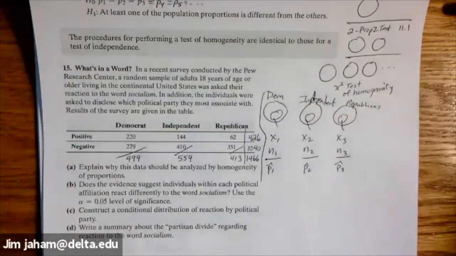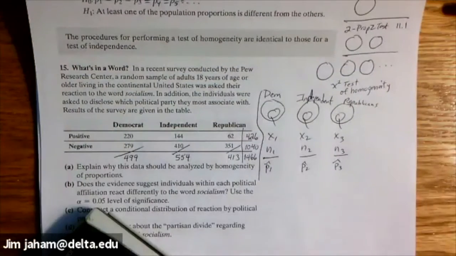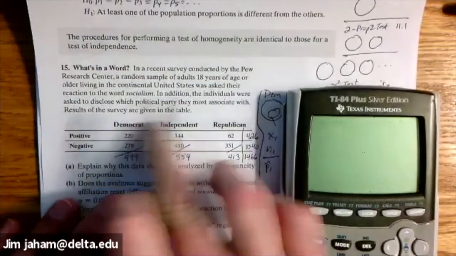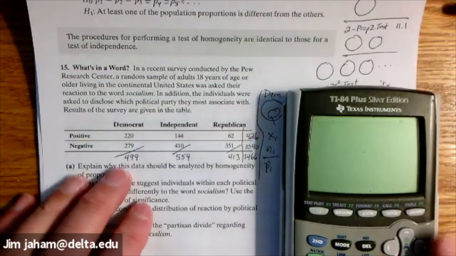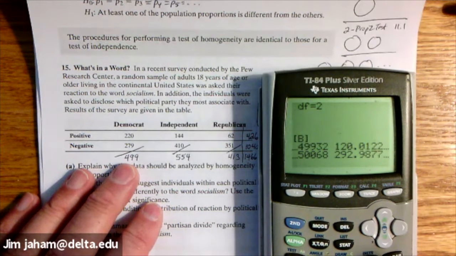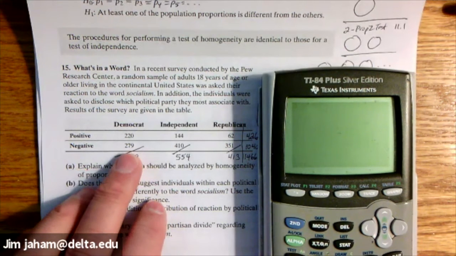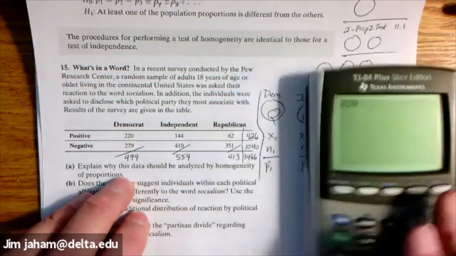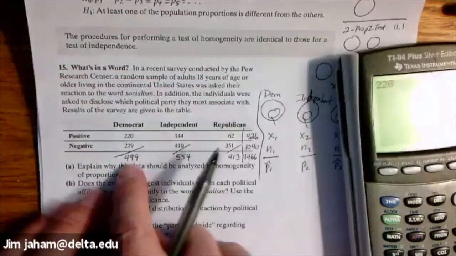All right, now we're going to go through and calculate the conditional proportions using the different groups, the political affiliations, Democrats, independents, and Republicans, as the independent variable. So we are going to calculate the conditional proportions using the column totals.